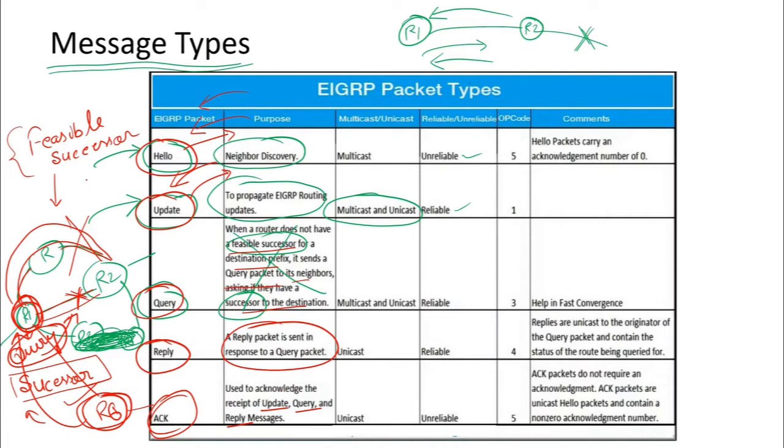Okay, and acknowledgement packets do not require acknowledgement. They are saying that ACK packets do not require an acknowledgement. Obviously, this is an acknowledgement, right? It's like you are sending a WhatsApp message and you see that the double ticks have gone blue.